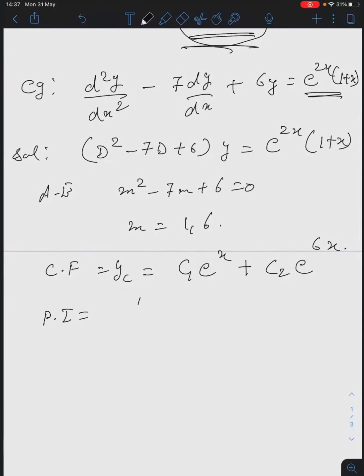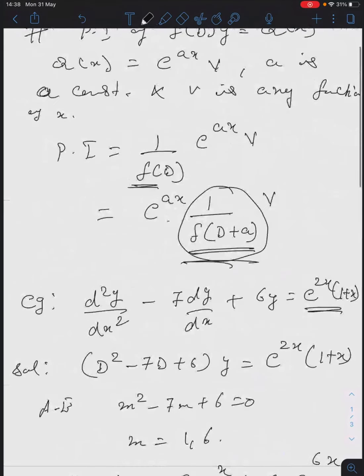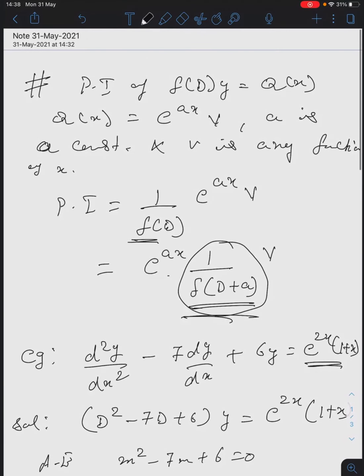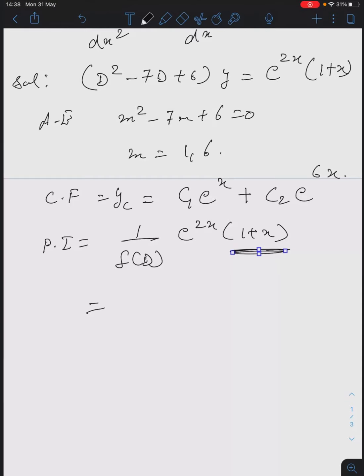The particular integral is 1 by f of D on Q of x. Q of x is e to the power 2x into 1 plus x. As you can see, here you have 1 plus x, which is your v, and an extra e to the power 2x in multiplication. So according to the rule you have learned just now, you have to write e to the power 2x to the left of the operator, and in the operator f of D, D has to be replaced with D plus a.